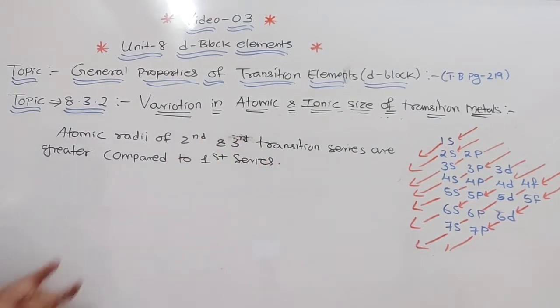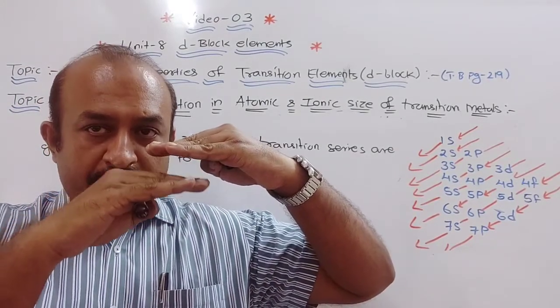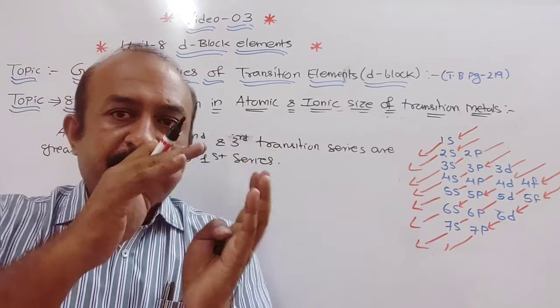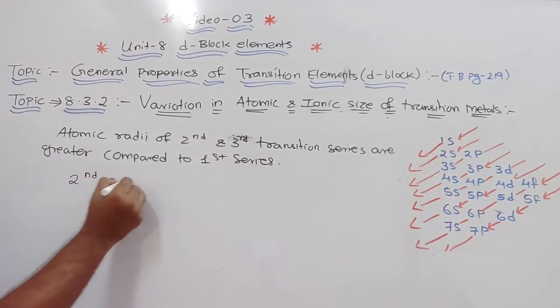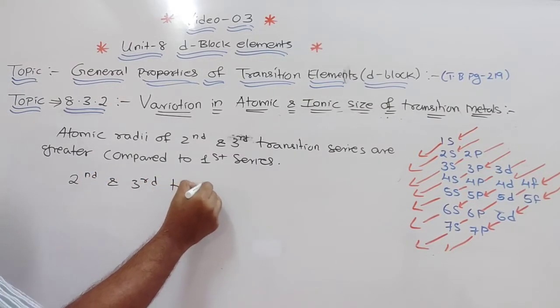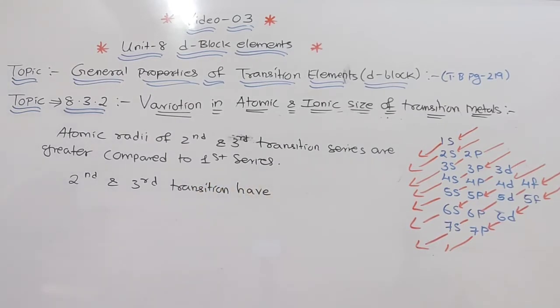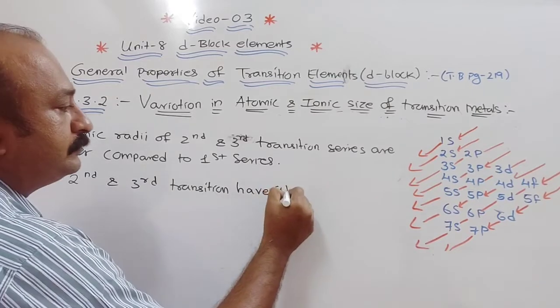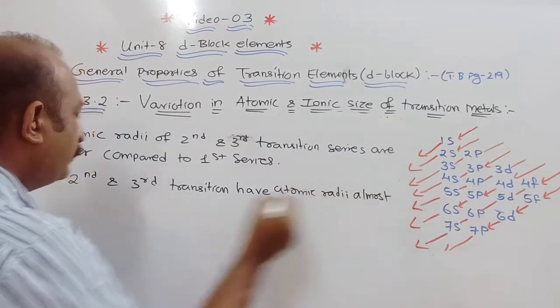Now the second and third series are below the first, so when you go down, the atomic number increases and the atomic size keeps on increasing. But in your book it is written that, however, the elements of the second and third transition series belonging to a particular group have atomic radii almost equal.